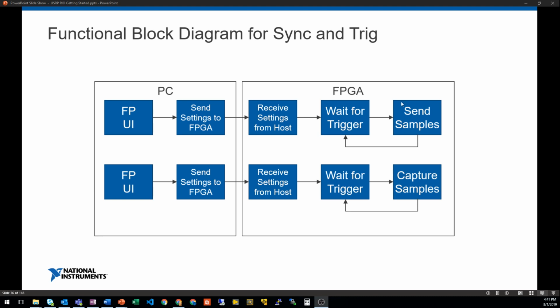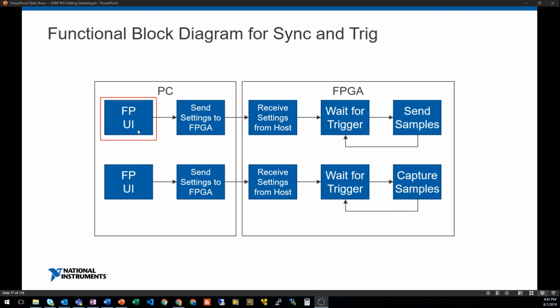We're just going to keep sending the samples, assuming that everything is ready for us on the other side, right? Because in the continuous one, we're not waiting. In the finite one, we have to wait for a handshake from the PC. And then the same thing for the RX side. It's kind of the same thing, because we're setting some settings, and then instead of sending samples, we're just going to capture samples. So the triggering is actually the same idea.